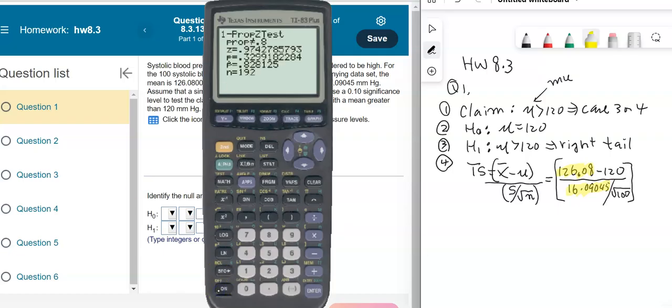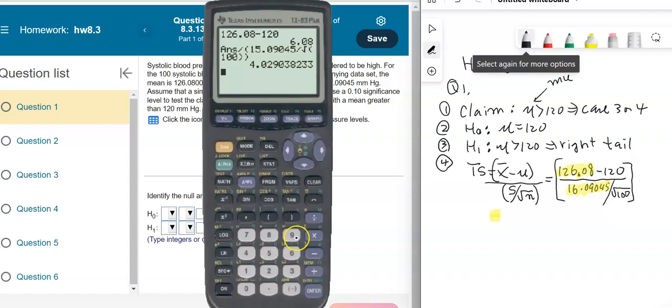So enter the value there: 126.08 minus 120 divided by, I'm going to put square root, in parentheses, 16.09045 divided by square root of 100. Okay, and then close parenthesis and another close parenthesis will give you 4.029.